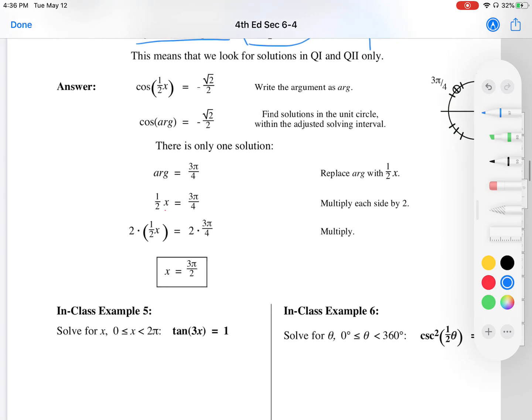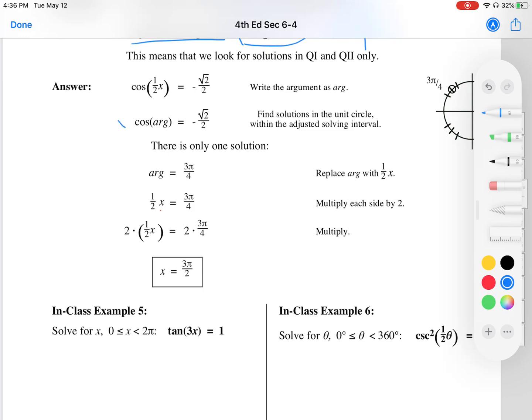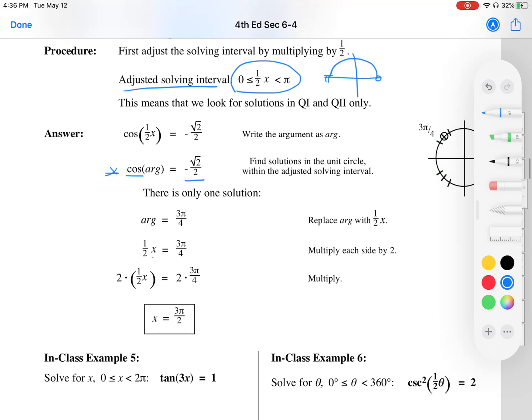All right, let's change 1/2 x to arg. So now we're looking at this. When is cosine negative square root 2 over 2? And that only happens, as a negative, in quadrants 1 and 2. It only happens once. If we take a look at the unit circle, cosine is negative square root 2 over 2 at 135 degrees, which is 5 pi over 4.